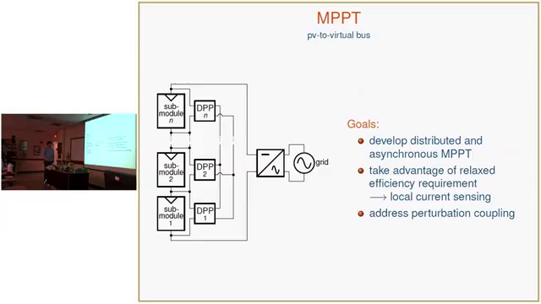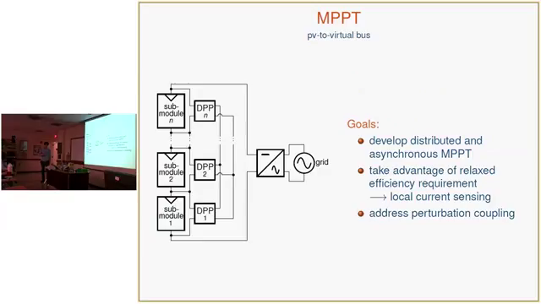So some goals for this maximum power point tracking algorithm for this topology: like the algorithm that's been developed for the PV to PV topology, we want it to be distributed, but at the same time we want it to be asynchronous. For the previous topology, they sort of got around the coupling problem by synchronizing the perturbations, but that requires extra lines of communication and increases system level cost.